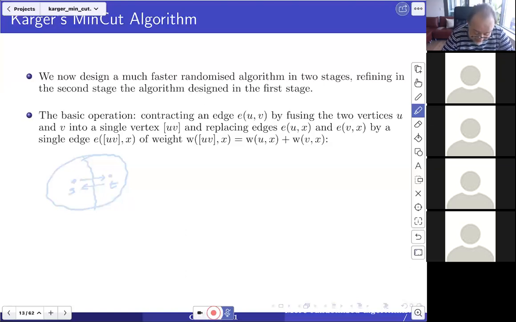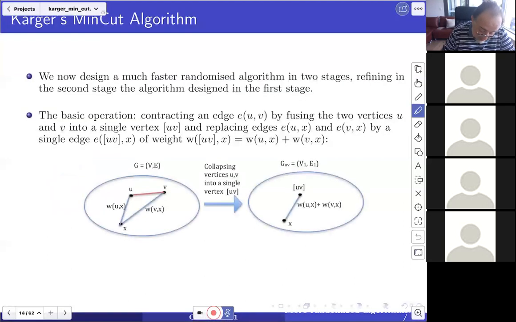But Karger found a way to do a trick which is often used in randomized algorithm design, called amplification of the probability, namely altering your algorithm in such a way that this minuscule probability of success grows fast. So let us see what the basic operation is. The basic operation is this.